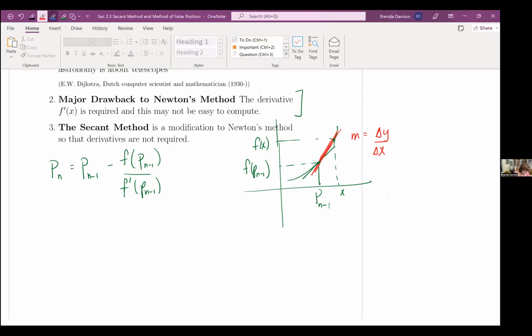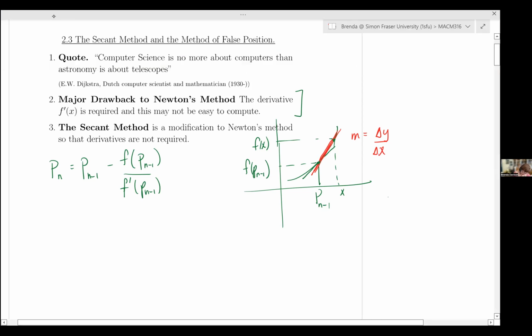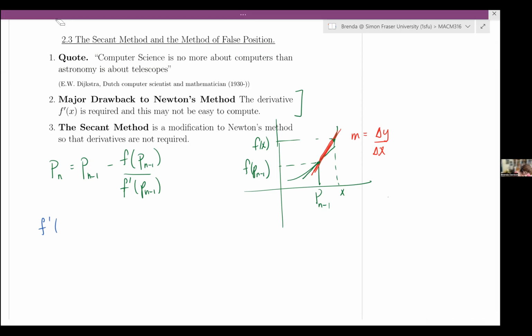If we look at the definition of the derivative, evaluated at Pn minus 1, that is the limit as x approaches Pn minus 1 of f of x minus f of Pn minus 1, divided by x minus Pn minus 1.